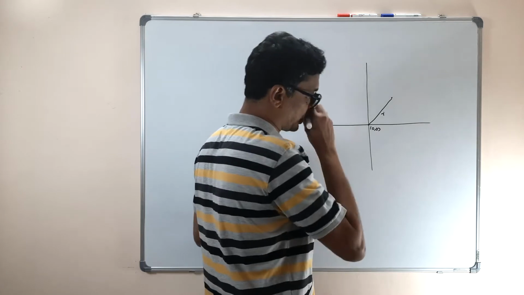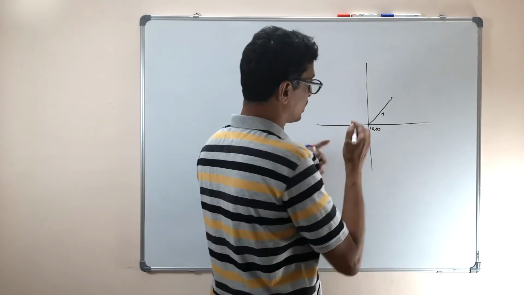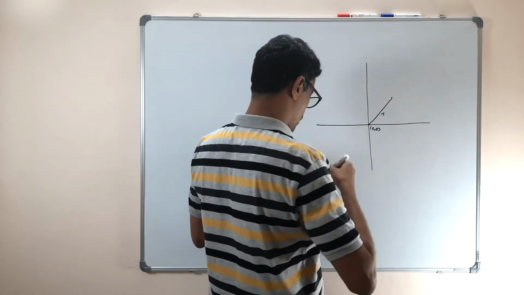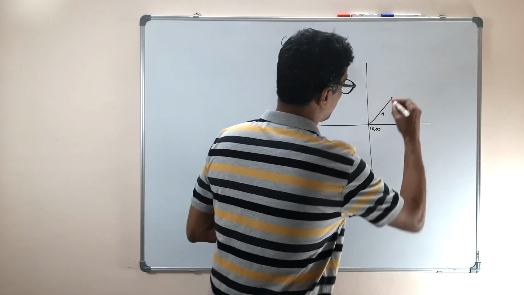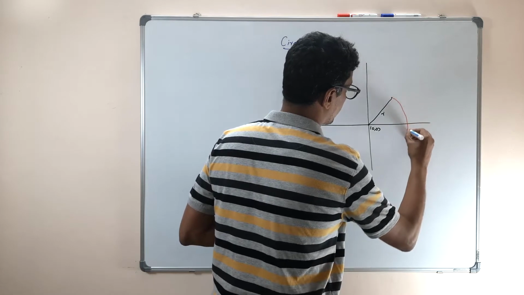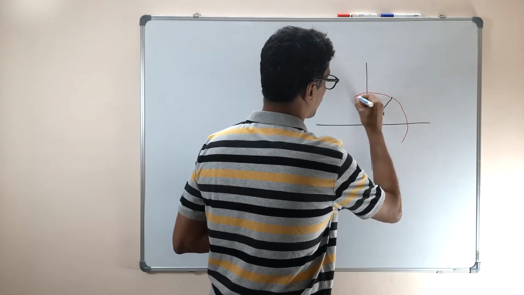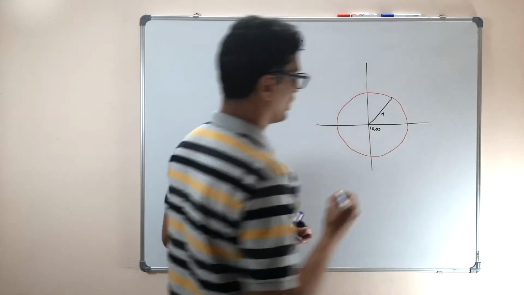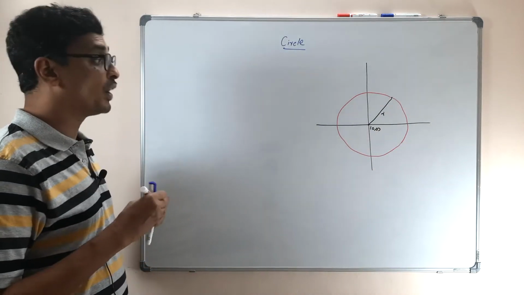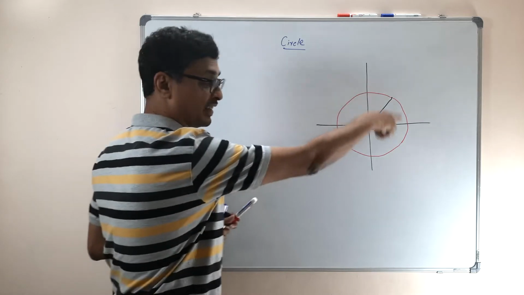Then I want to know what is the equation of the circle. If this r is fixed, we will get a circle. Am I right? So that circle will be something like this.